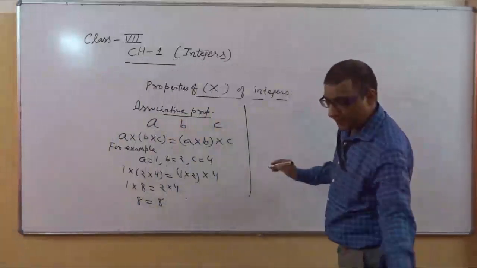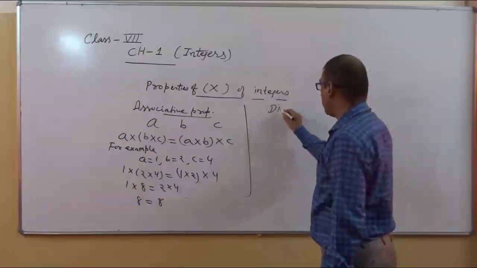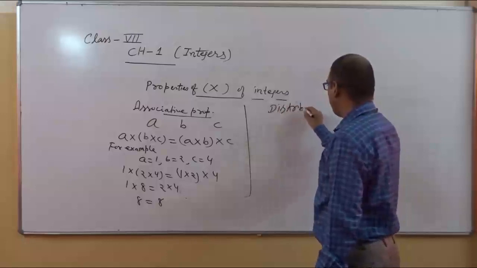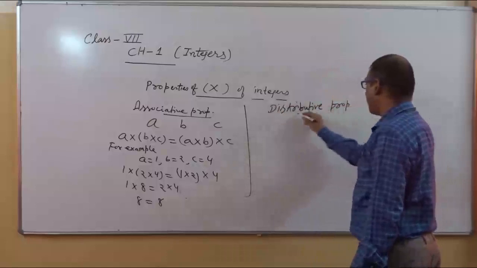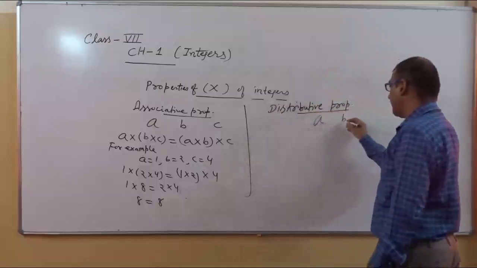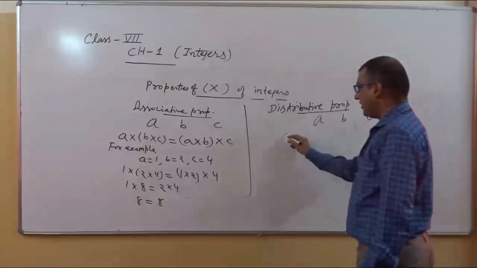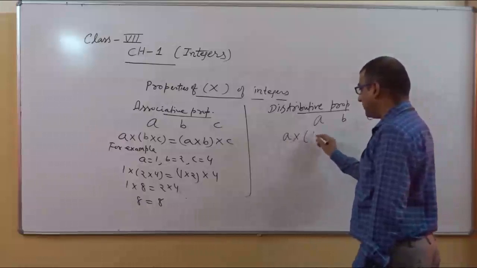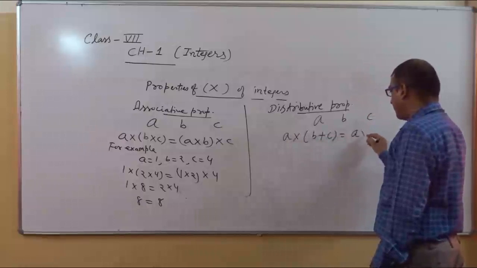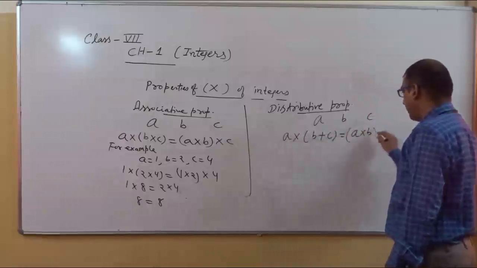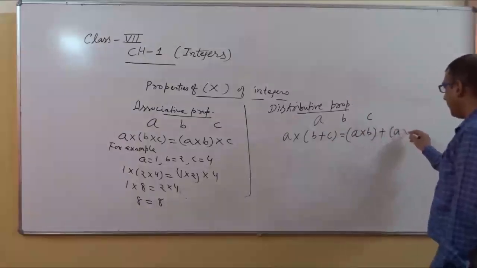Then distributive property. After associative, we will continue with distributive property. Again, if we are taking three integers a, b and c, under this property a × (b + c) can be written as a × b + a × c.